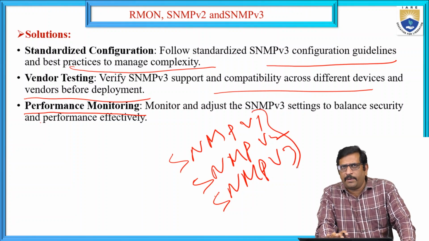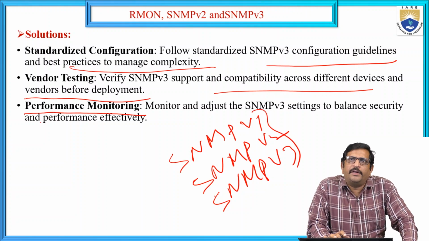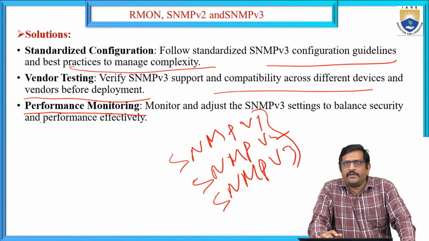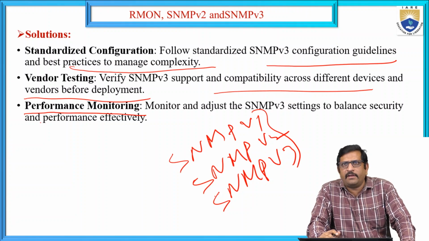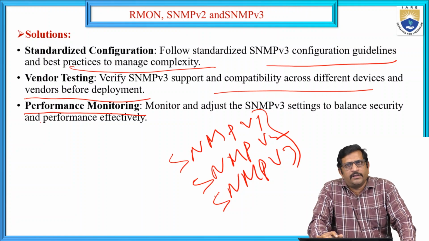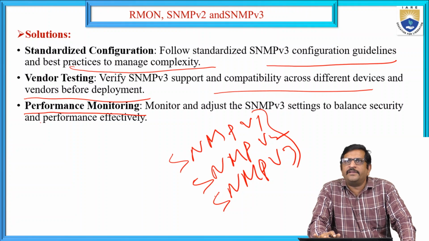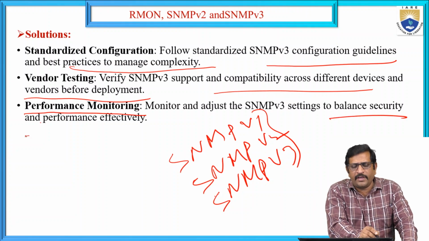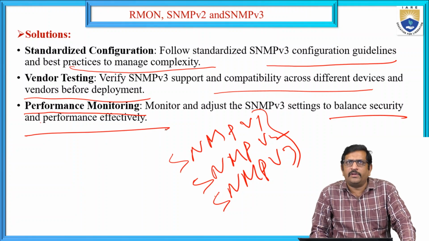Each and every performance level can be monitored. Whatever protocol has more security, the overhead will increase. So monitor and adjust the SNMPv3 settings to balance security and performance effectively.